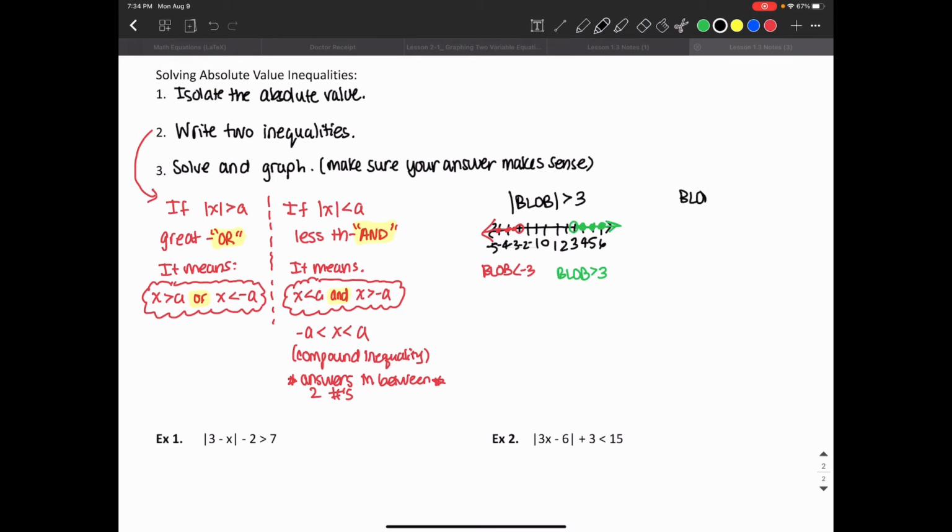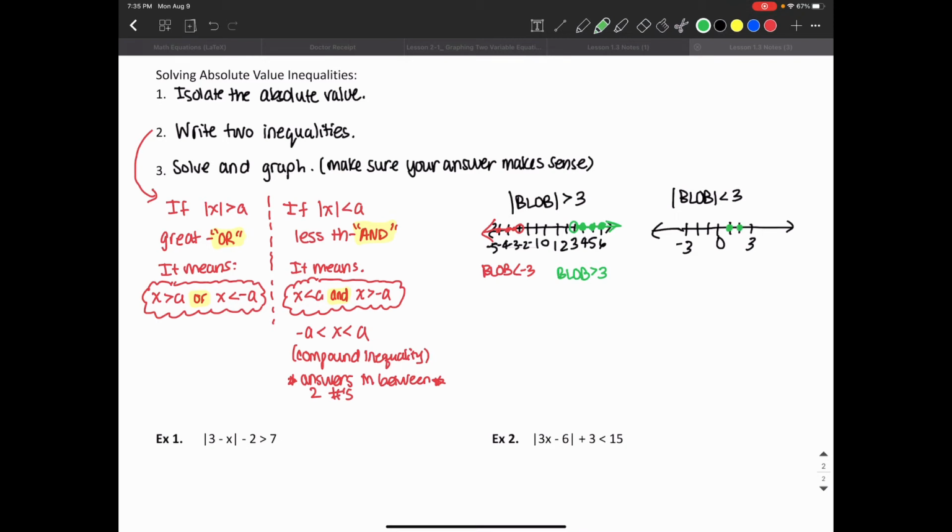If you have something is less than a number, so let's keep it at 3, then I know that the thing inside has to be in between -3 and +3. 1 works. That's less than 3 away from 0. 2 works.